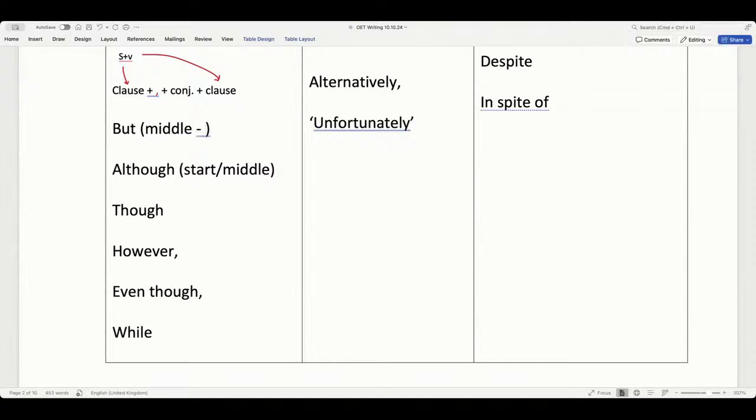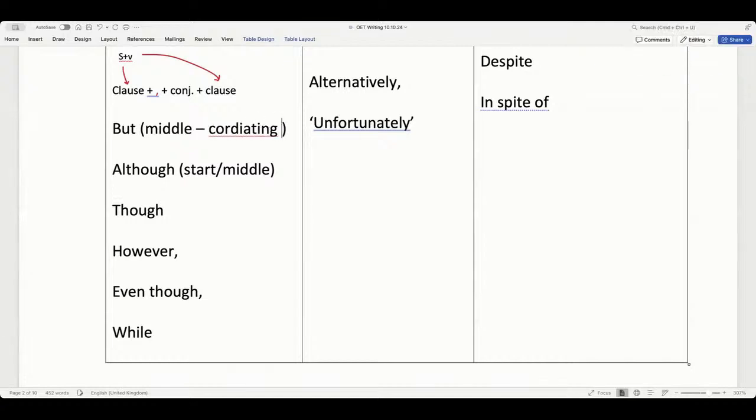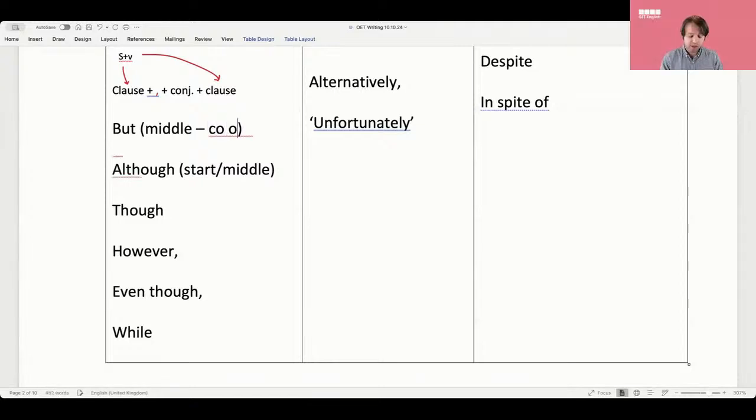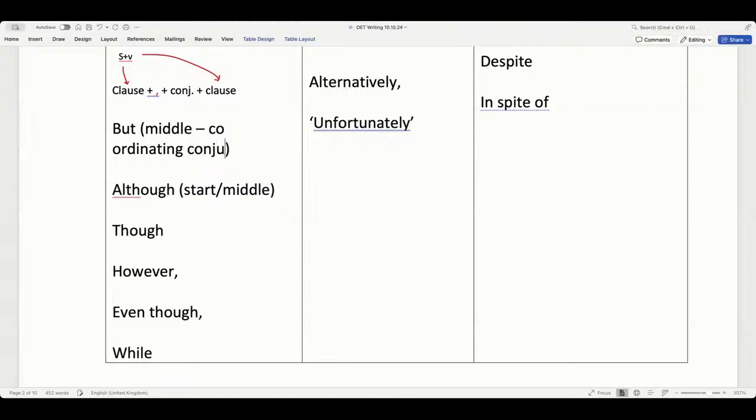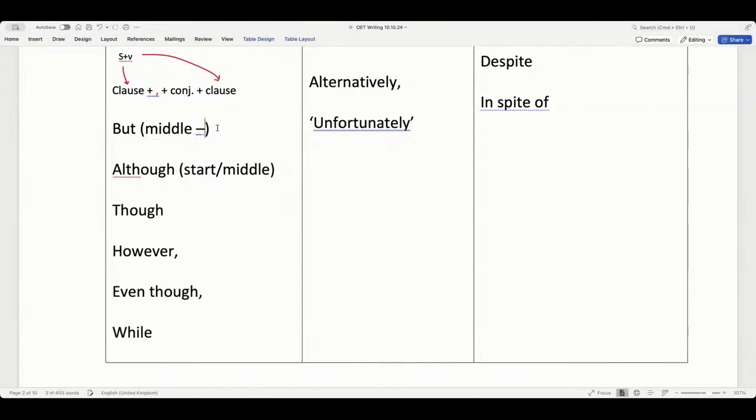Hey, Christina, do you know the name of this? What type of conjunction? No, I don't know. Okay, I'll give you a clue. This one's called a coordinating conjunction. Does anyone know the other one? Subordinating.